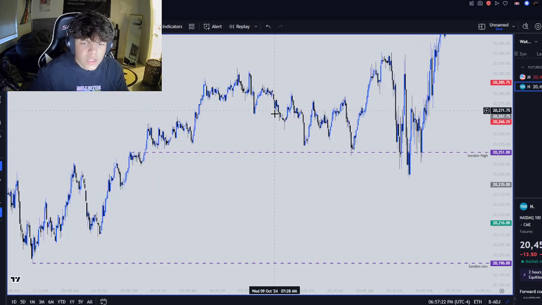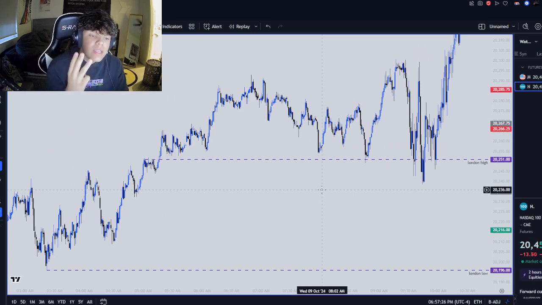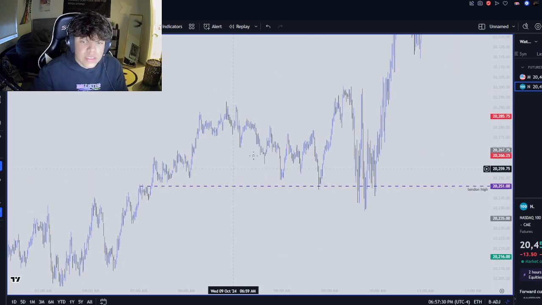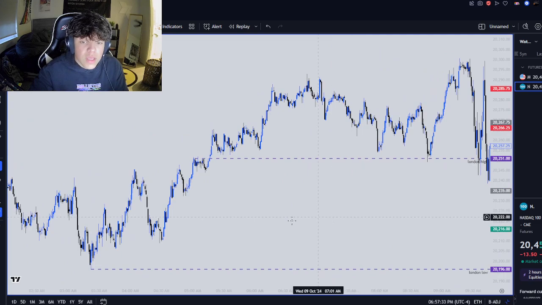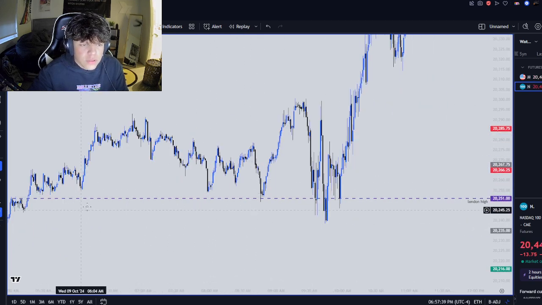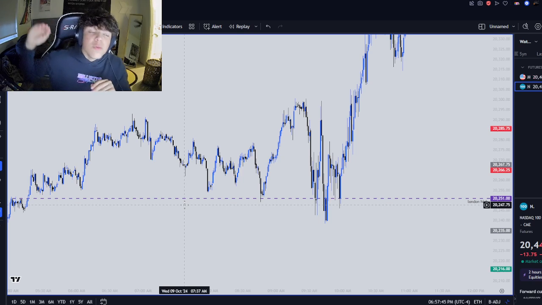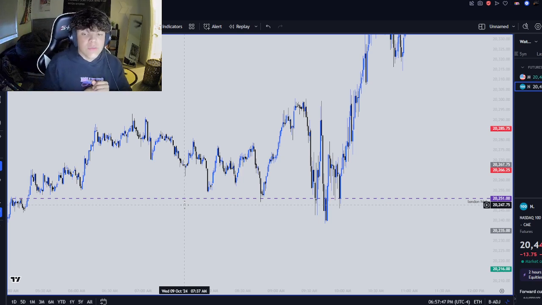All right. So this can play out three ways that I've seen. Number one is what we saw today. Let's say we get a range formed and we trade right above the range, right after London session. We can expect a retest later on and then a move higher. Our bias is we're looking for longs.